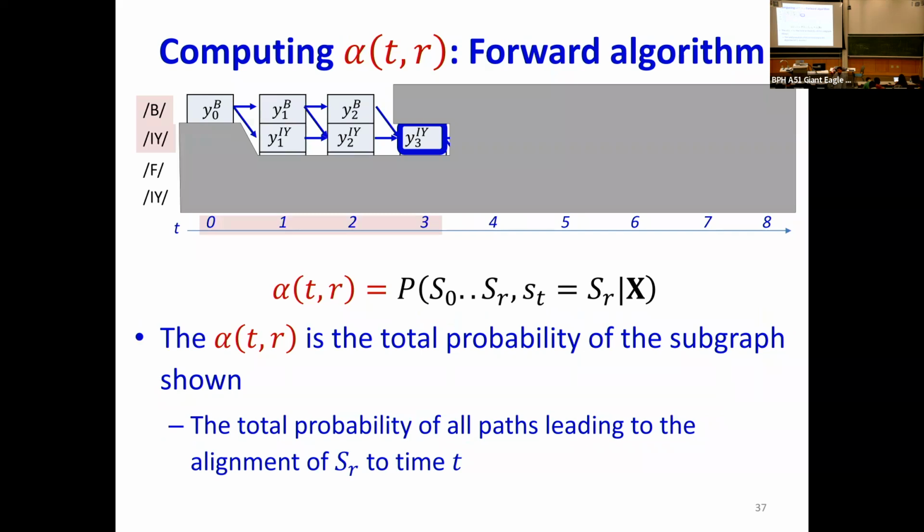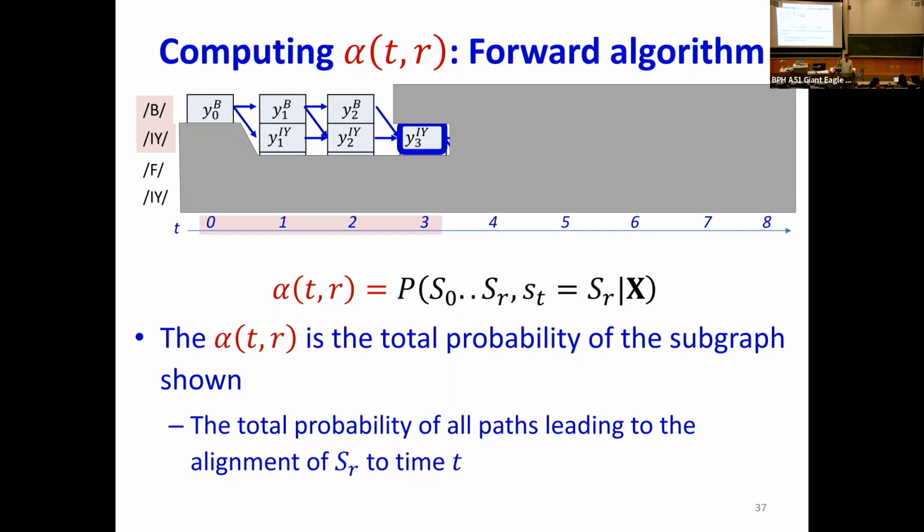Basically, I want to compute the total probability of all paths through this portion of the graph, which ends with the symbol E at time 3, right? I'm going to represent that as alpha TR. In this case, it's going to be alpha 3,2 or alpha 3E. This alpha term is the total probability of all paths that end at the rth symbol at time t, okay?